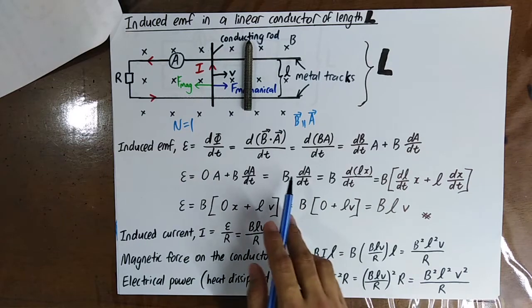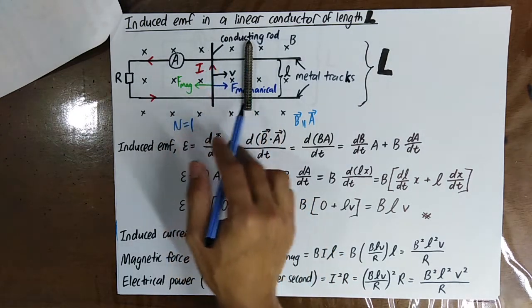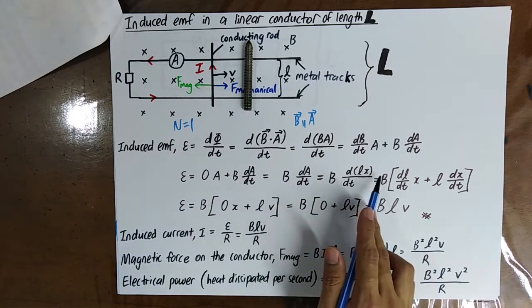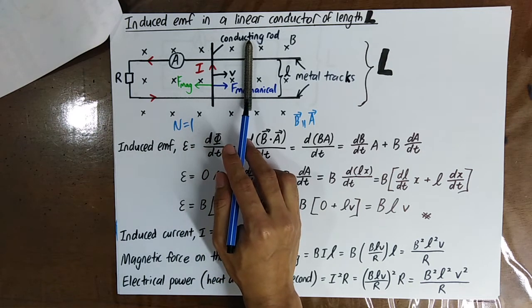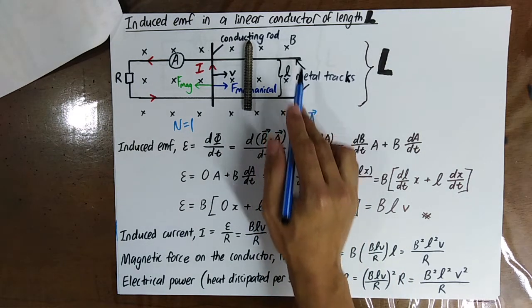So the area swept through by the conducting rod in the complete loop is L times X, where X is the displacement moved by the conducting rod. X is here to here, and L is the length between the metal tracks.